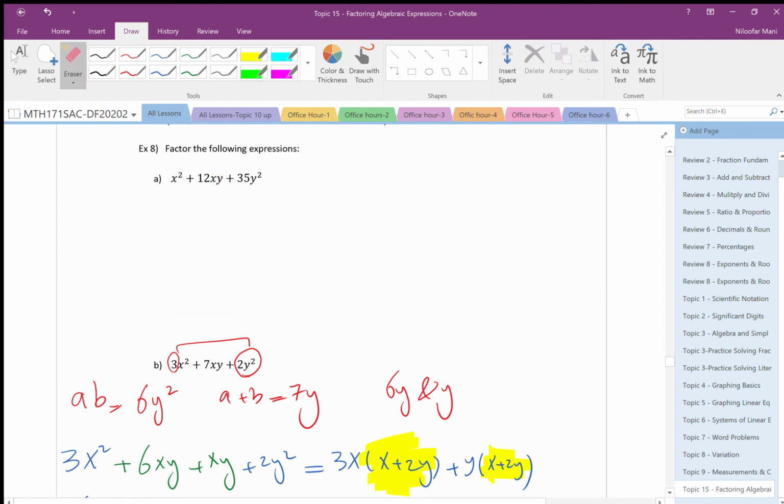So I can say I am looking for two numbers. If I multiply them, it is 35y squared. If I add them, it is 12y. How? Because see, this is 12 and y together. So I consider this together as b, and I consider this whole thing as c.